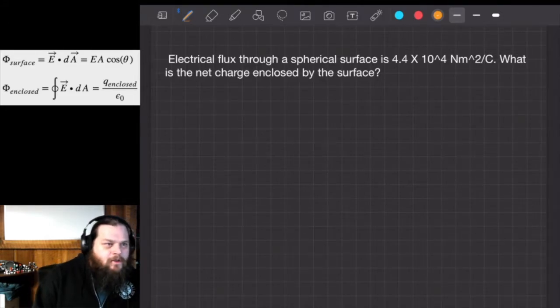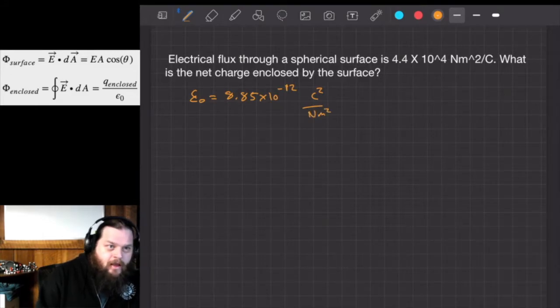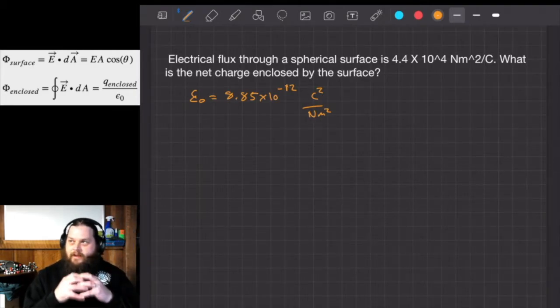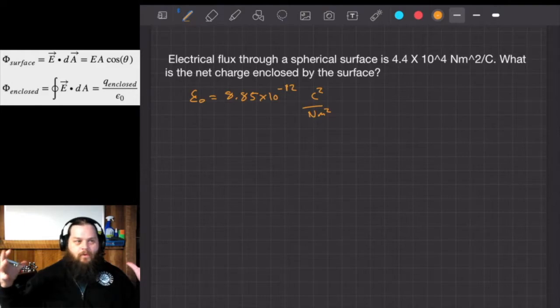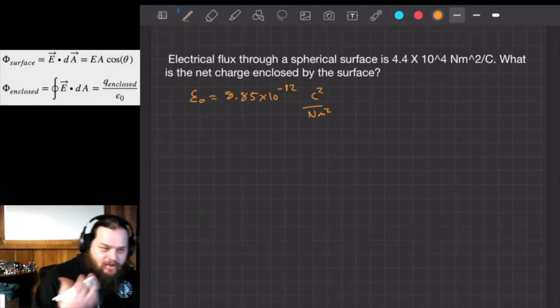To do that, we can take our value for epsilon naught, which is equal to 8.85 times 10 to the negative 12 coulomb squared per newton meter squared. First of all, since we know the flux is positive and the electric field is going outwards through the surface, we know the charge inside has to be a positive value, just intuitively.